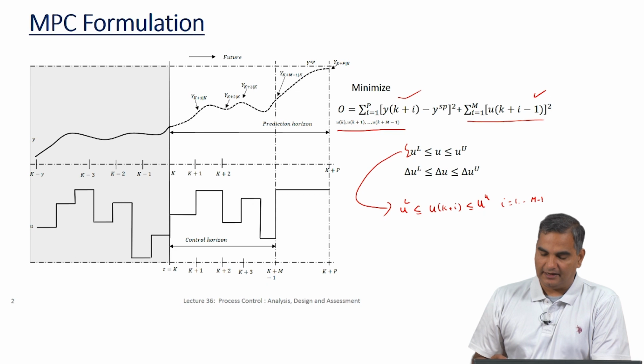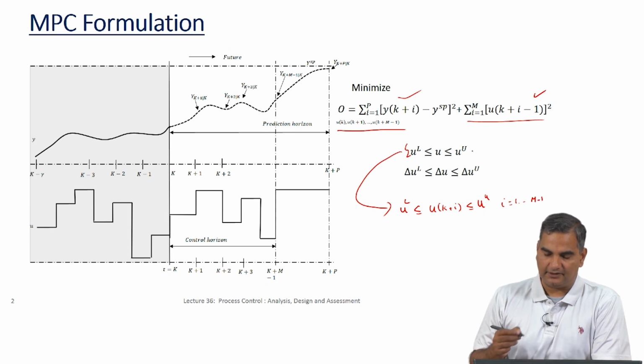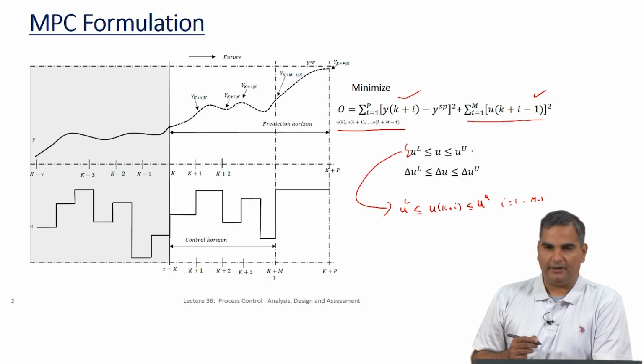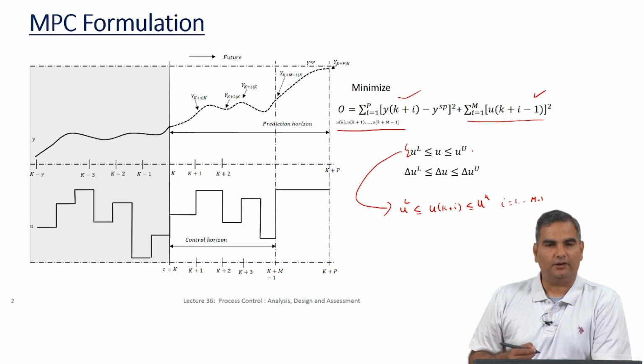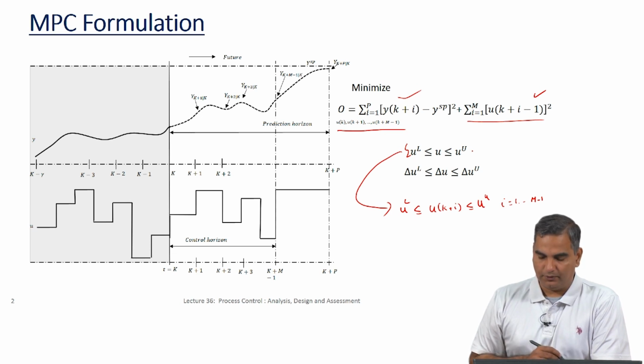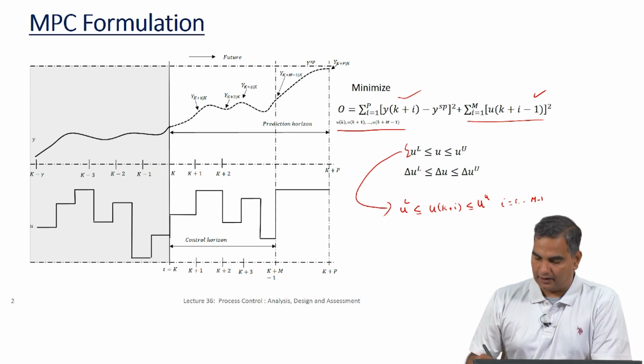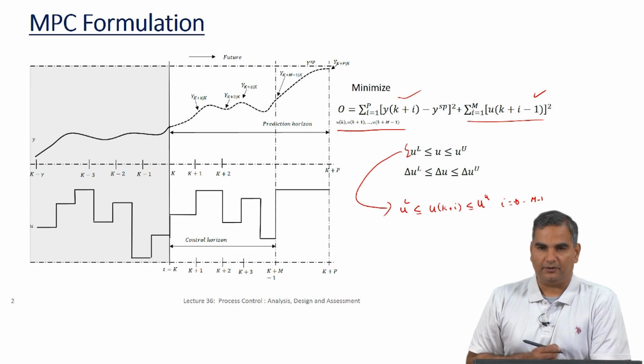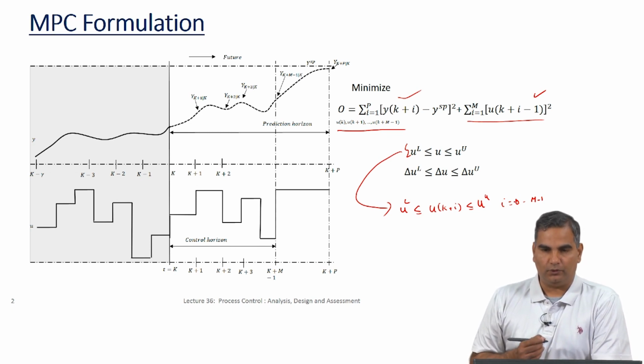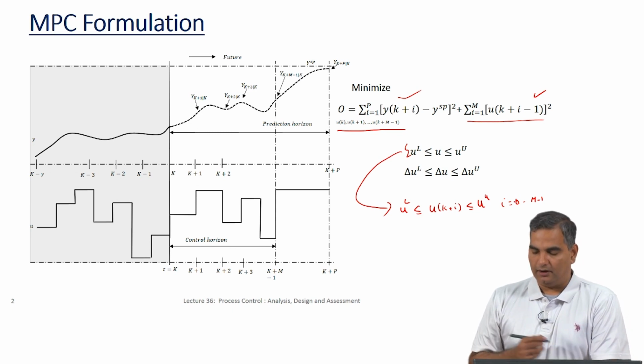So, basically this constraint is generically written for u, but since at every time instant we are talking about the same control input, the variables that we have defined, u k, u k plus 1 all the way up to u k plus m minus 1, all of them have to follow the same upper and lower bound.